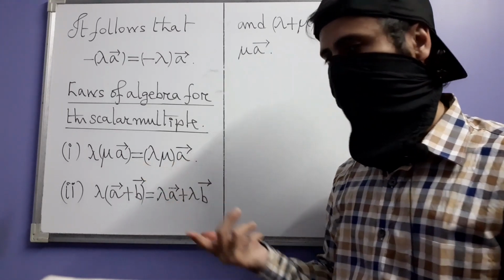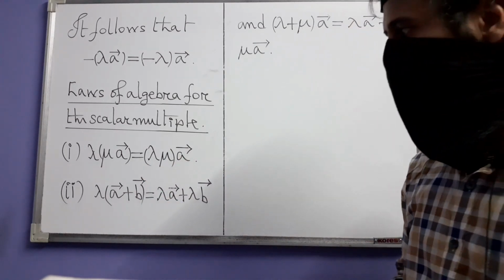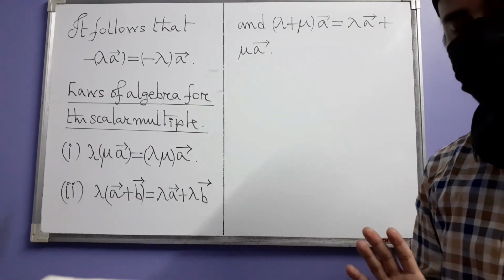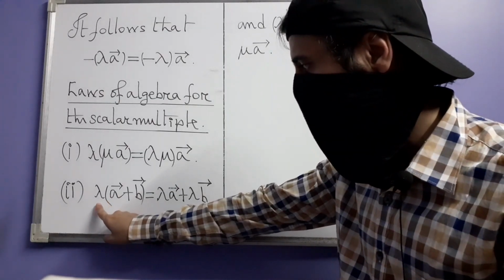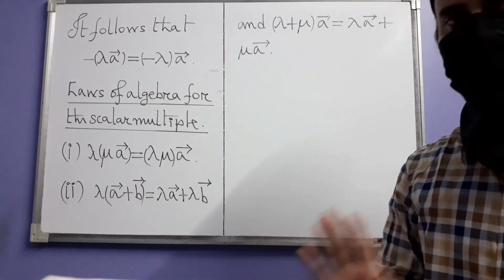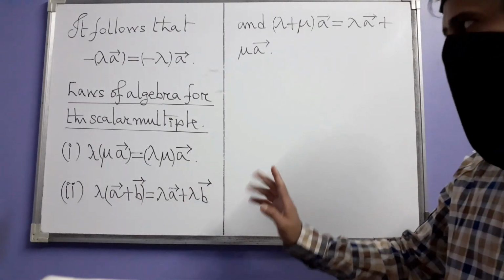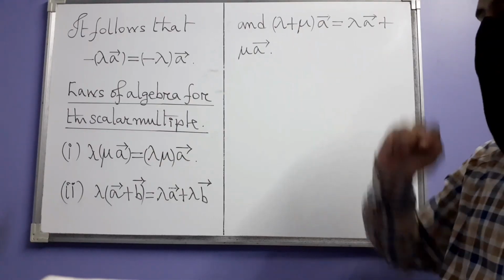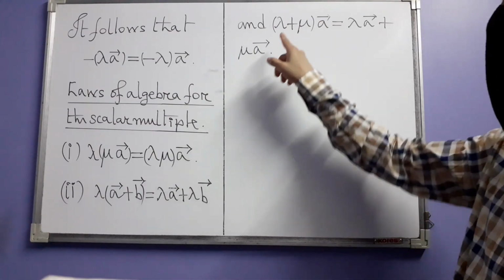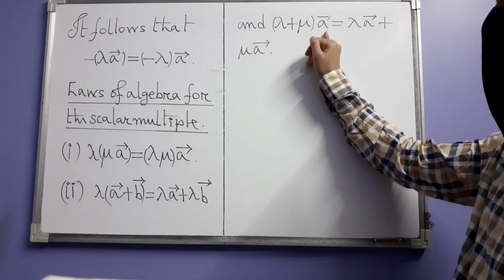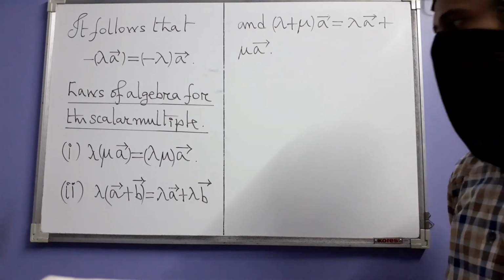You can call it a kind of associative law, and you also have these distributive laws. The scalar lambda times the sum of the two vectors A and B equals lambda A plus lambda B, and this other one which has two scalars and one vector. Lambda and mu are scalars and A is the vector. Lambda plus mu times A equals lambda A plus mu A.